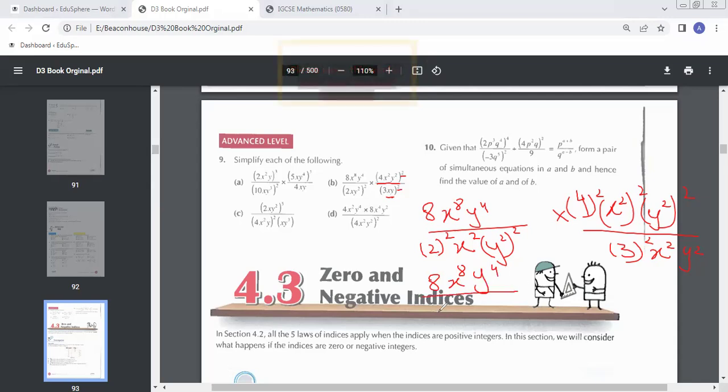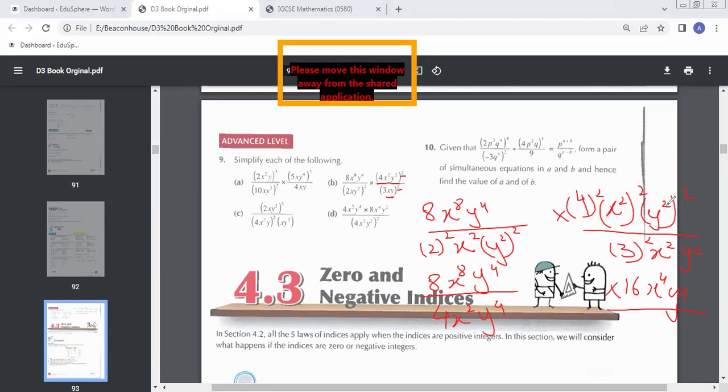Over here 2 squared is 4, x squared, y^4. In this way, you have 4 squared as 4 times 4 is 16, x^4, y^4, because I multiply this 2 with 2, 2 with 2, and 3 squared is 9, x squared, y squared.